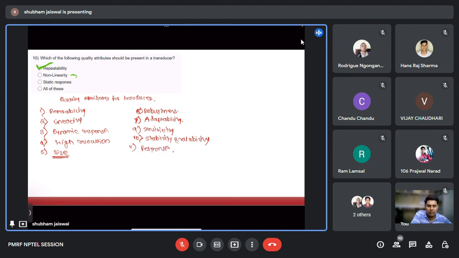So these are some quality attributes a good transducer should have. So the correct answer will be repeatability. With this question, we will wind up our session here itself. If you have any doubt in this question, you can ask. Otherwise, we can end our session here.